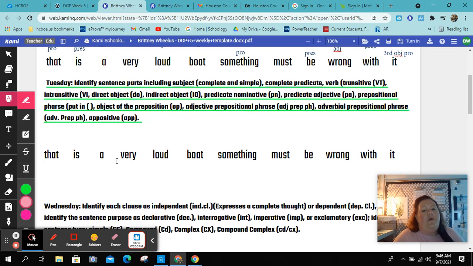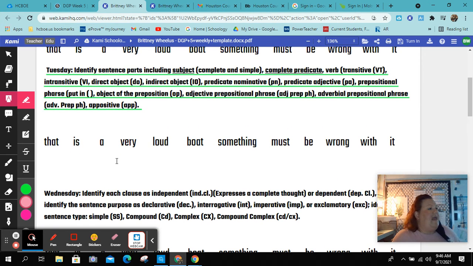Okay, so on this sentence for Tuesday, I'm going to go into Wednesday just a little bit, okay? What type of sentence is this? Do you have more than one subject? Do you have more than one verb? You can look at Mondays.